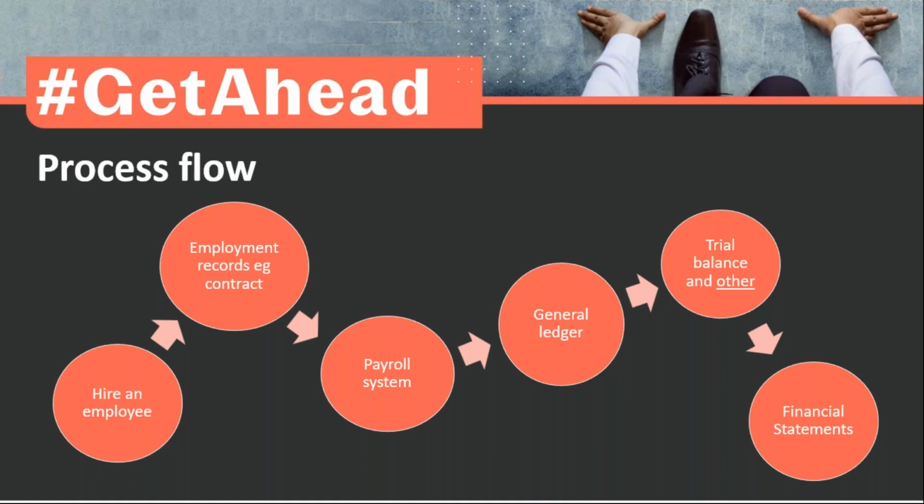All the details contained in the payroll system will also filter into the general ledger in some way. And that's usually done through the journal entries, which are posted to bring in the information from the payroll to the TB.